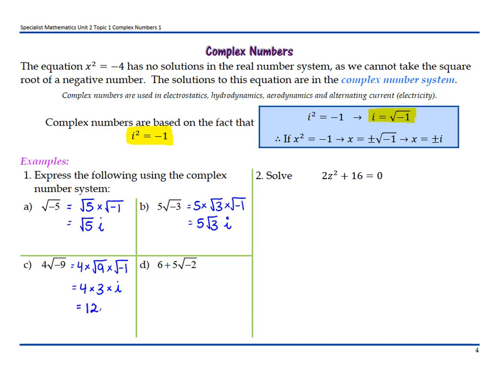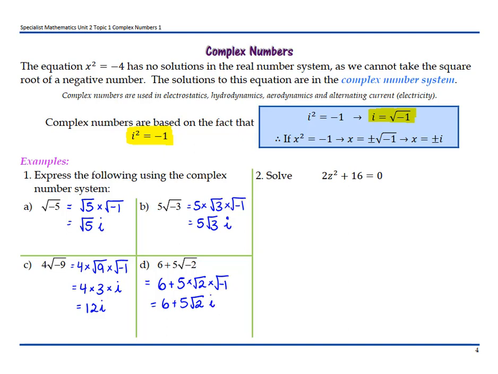So that's 12i. Next one, 6 plus 5 root 2. Can't do anything with that 6 because we can't add different types of terms. So we've got 6 plus 5 times the square root of 2 times the square root of -1. So that's 6 plus 5 square root of 2, i.